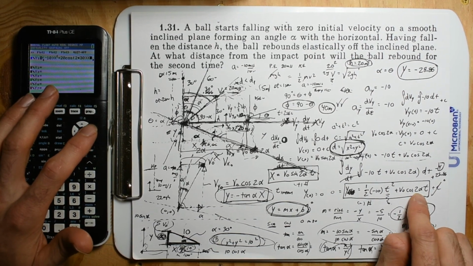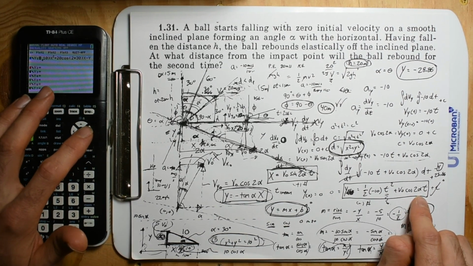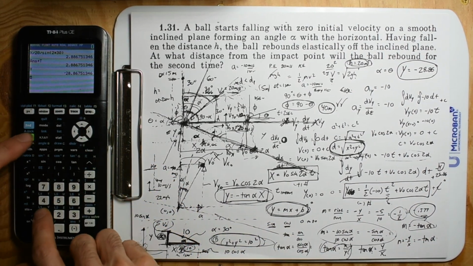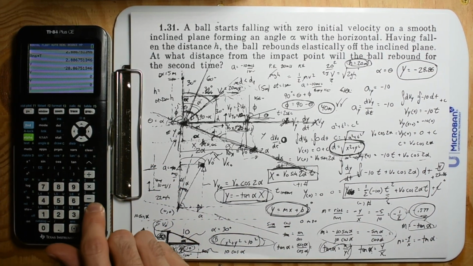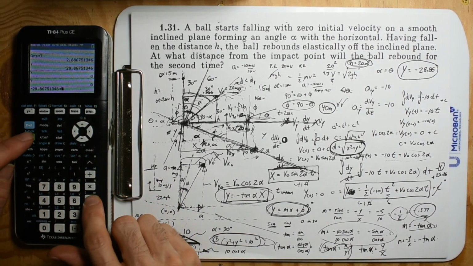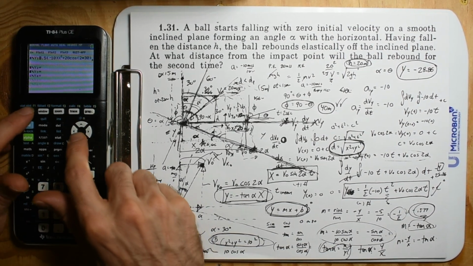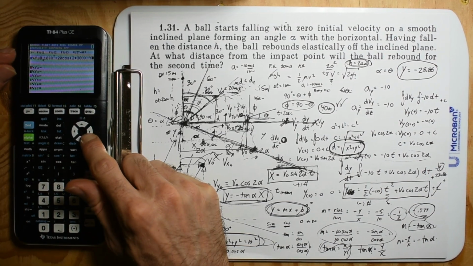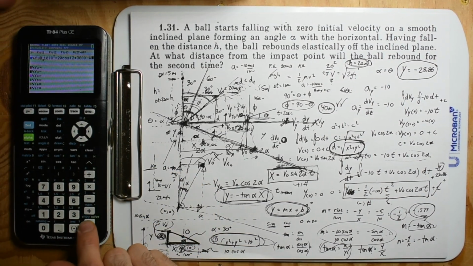Times x minus, oh, it hates y's. Yeah, no duh. So alpha y, it hates that. So anyway, let's get this value for y, and we're going to store it as alpha w. Sorry about that. I totally forgot that if you're doing equations, you can't use x or y. So alpha w. Okay, booyah.